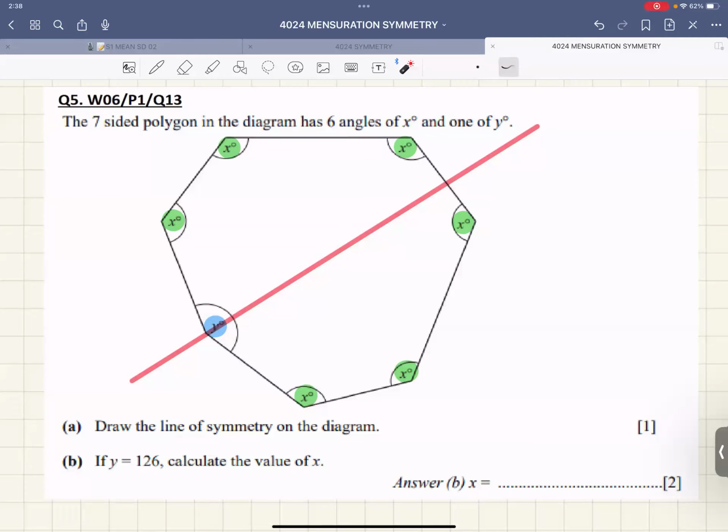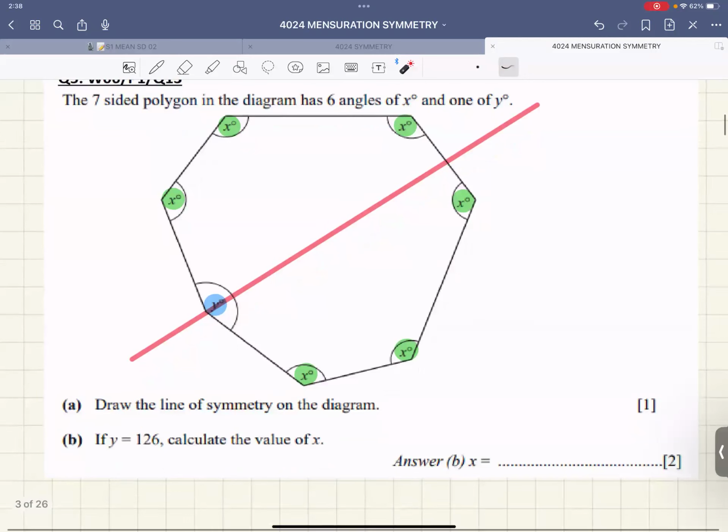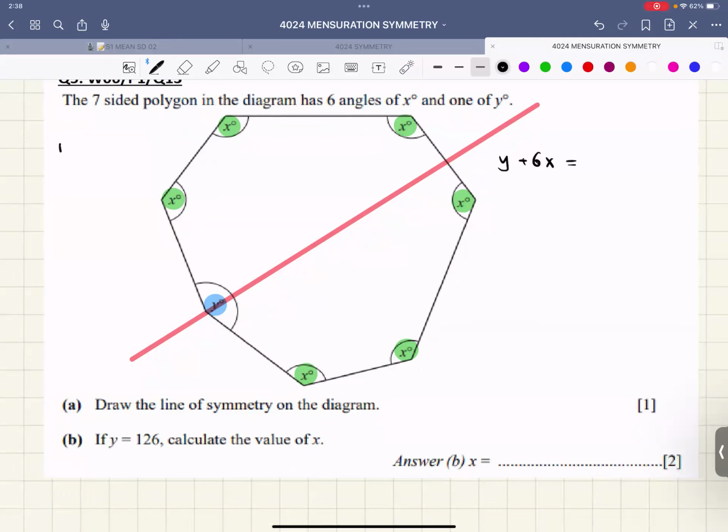If y is 126, calculate the value of x. So first of all, we will write y plus 6x should be equal to the sum of interior angles of a 7-sided polygon, that is n minus 2, which is 7 minus 2, into 180 degrees, which is 5 into 180 degrees.